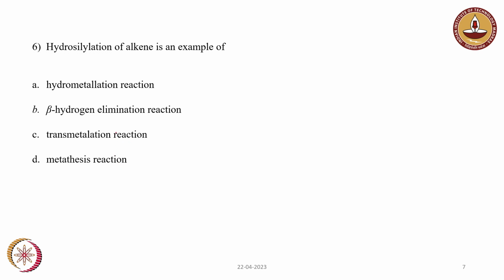So hydrosilylation reaction is silane reacting with an alkene. One hydrogen is given to this carbon and a silicon carbon bond forming.